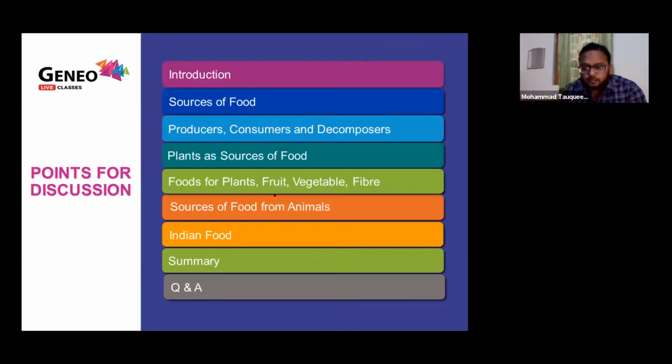So this is the plan. First of all, I will introduce the chapter. Then I will tell about what the sources of food are, then about producers, consumers, and decomposers, then plants as a source of food, then foods from plants like fruit, vegetables, and fiber, then sources of food from animals.